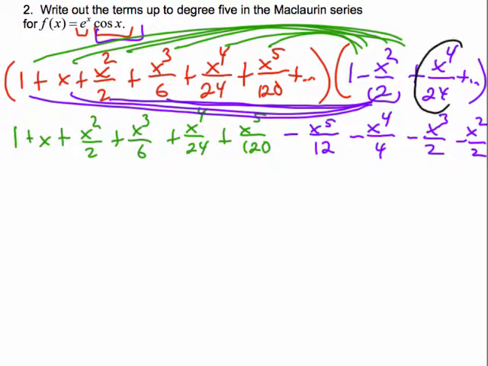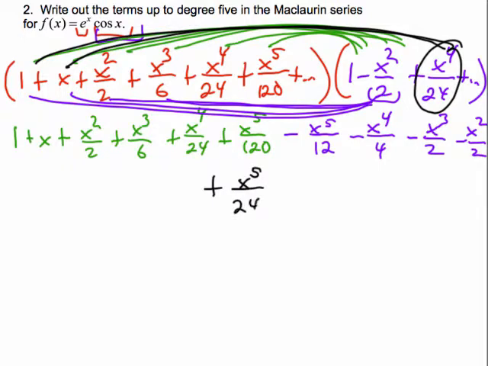And with this term, I will only need to multiply that by the first and the second terms here, because anything else will be degree 5 or higher. So that would be plus x to the 5th over 24 plus x to the 4th over 24.